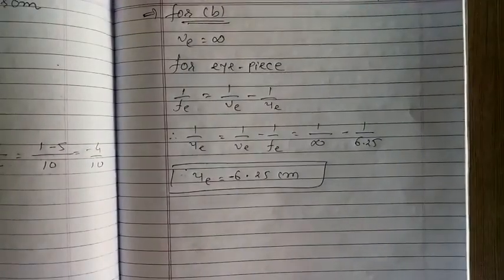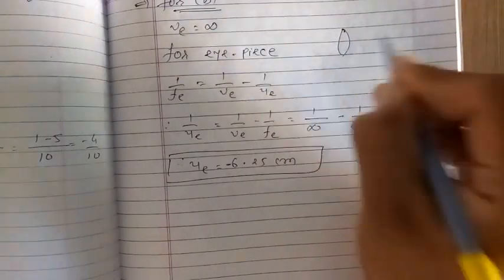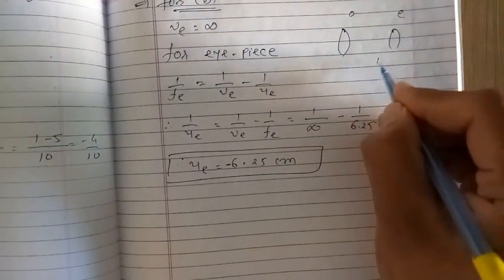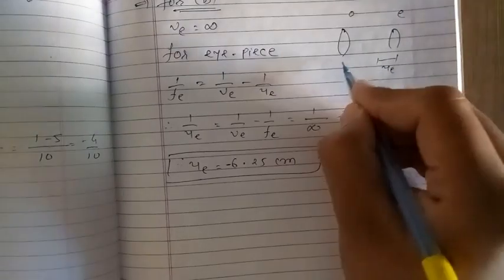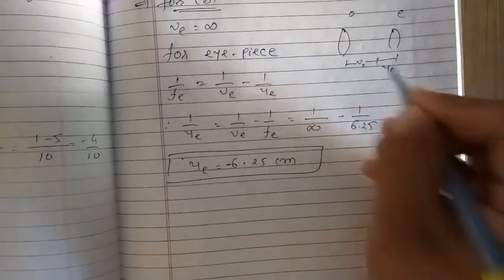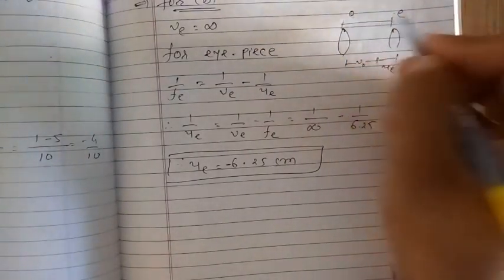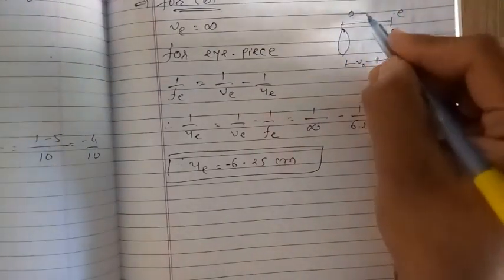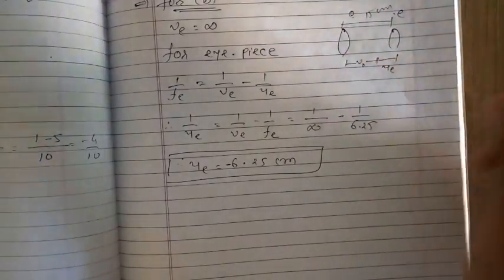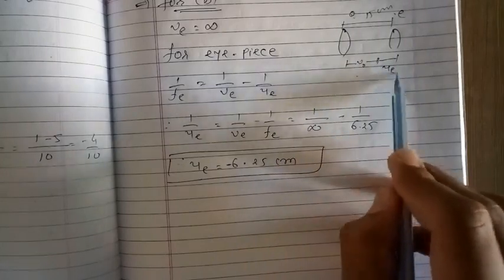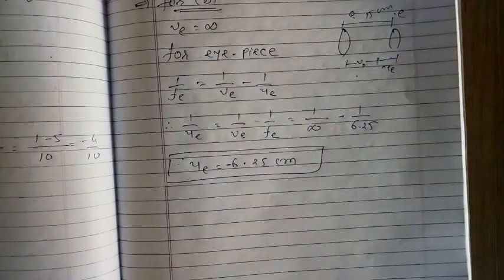Now again, this is objective, this is eyepiece, right? Here this is the UE, here this is the image distance from objective, and this is the distance between objective and eyepiece. This distance is 15 centimeter. So to find out VO, you have to subtract UE from 15.